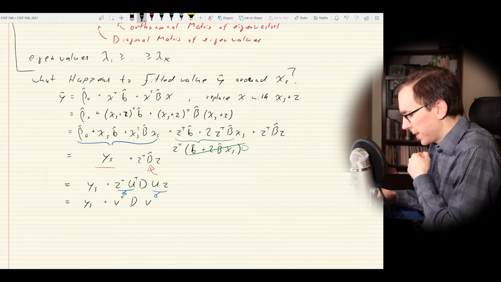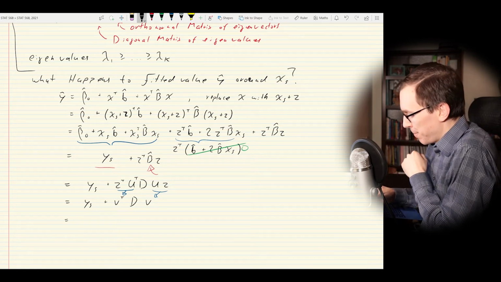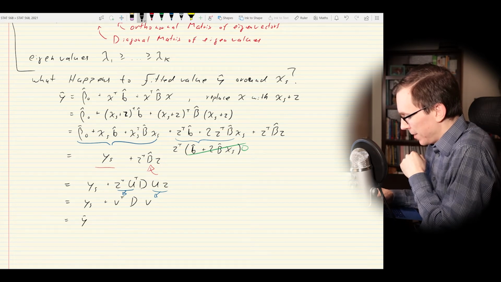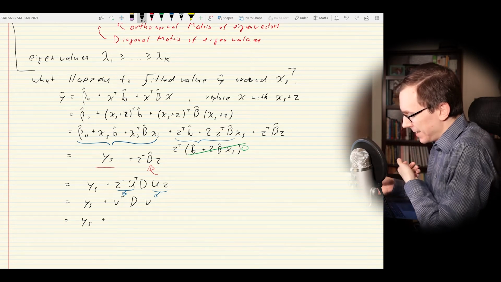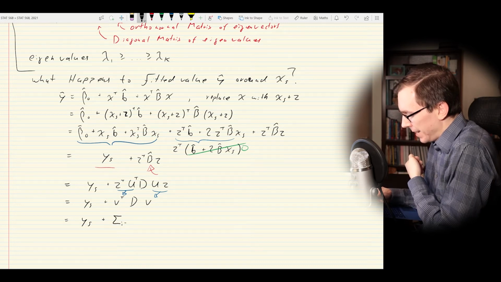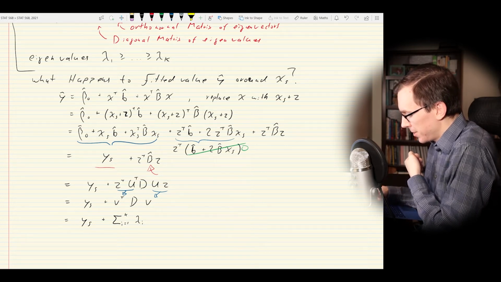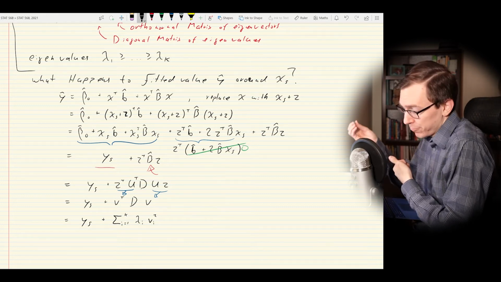We have a new vector in there, but it's kind of the same thing. But what this means is now we have a y sub s. And the reason why I did this is because now we just have a simple summation, i from 1 to k, lambda i, the eigenvalue, times v i squared.